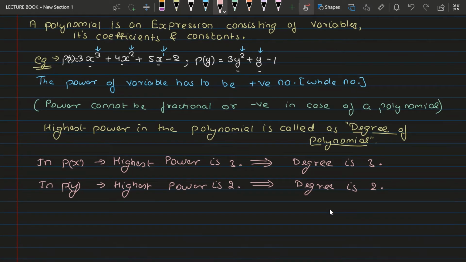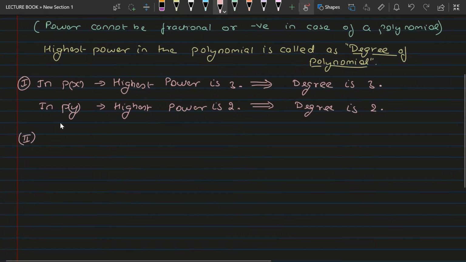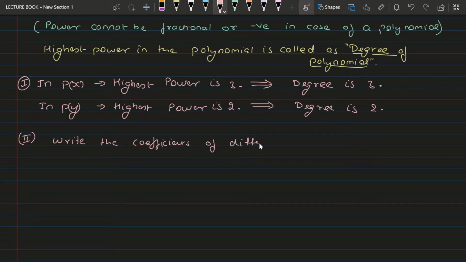Now, this is one type of question that can be asked to you. The second type of question that can be asked is something like that. Write the coefficients of different terms of the polynomial. So when we want to write the coefficients, how can we write this?